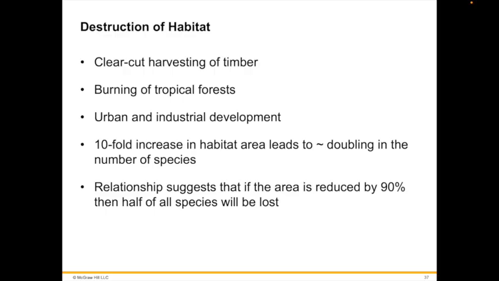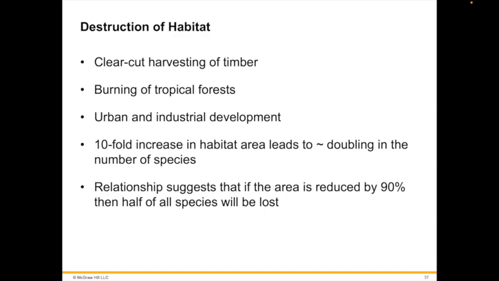To estimate the effect of the reductions in habitat available to a species, biologists often use the well-established observation from island biogeography studies that larger areas support more species. Although this relationship varies according to geographic area, type of organism, and type of area, in general, a tenfold increase in area leads to approximately a doubling in the number of species.